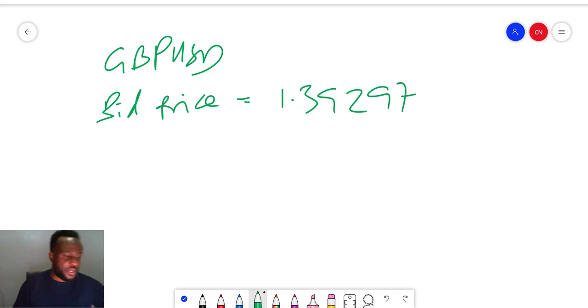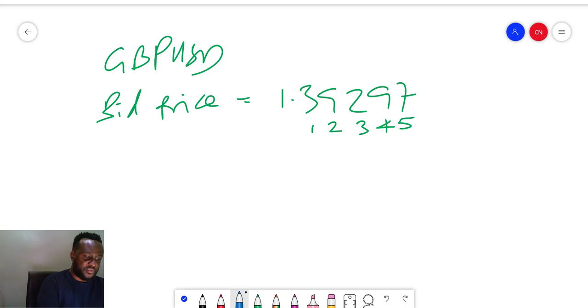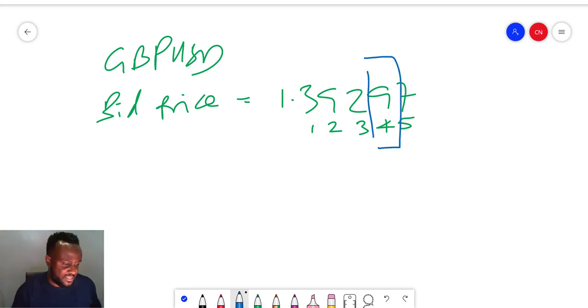It doesn't really matter. So what do we have here? That's the first decimal place, 2nd, 3rd, 4th, 5th. But to calculate pips, we have to start counting from the 4th decimal place.